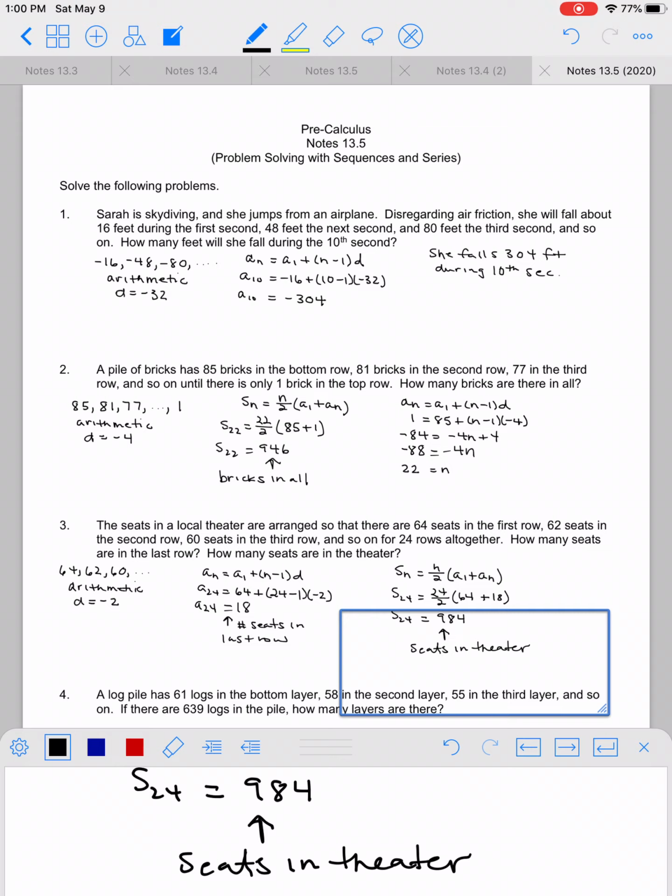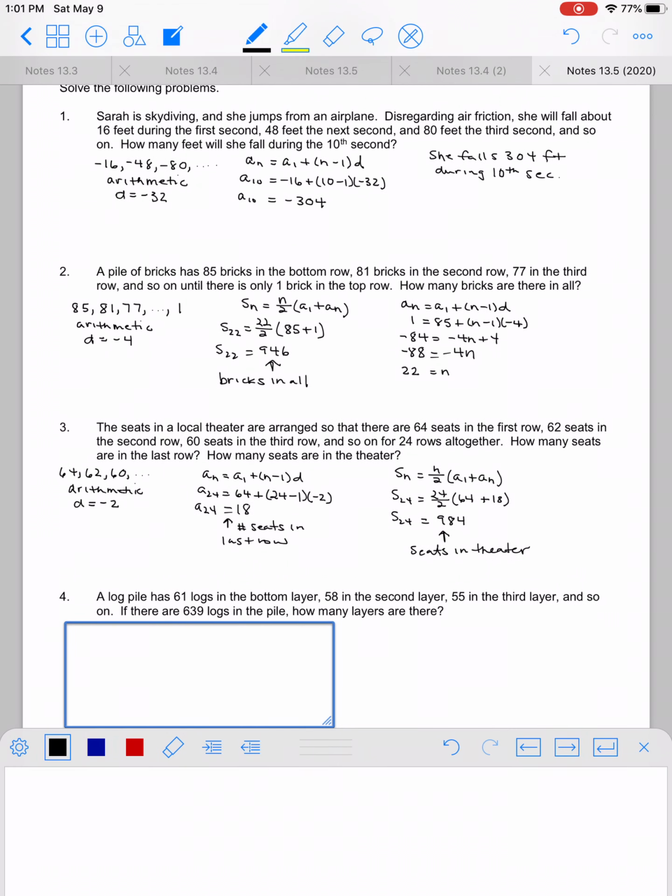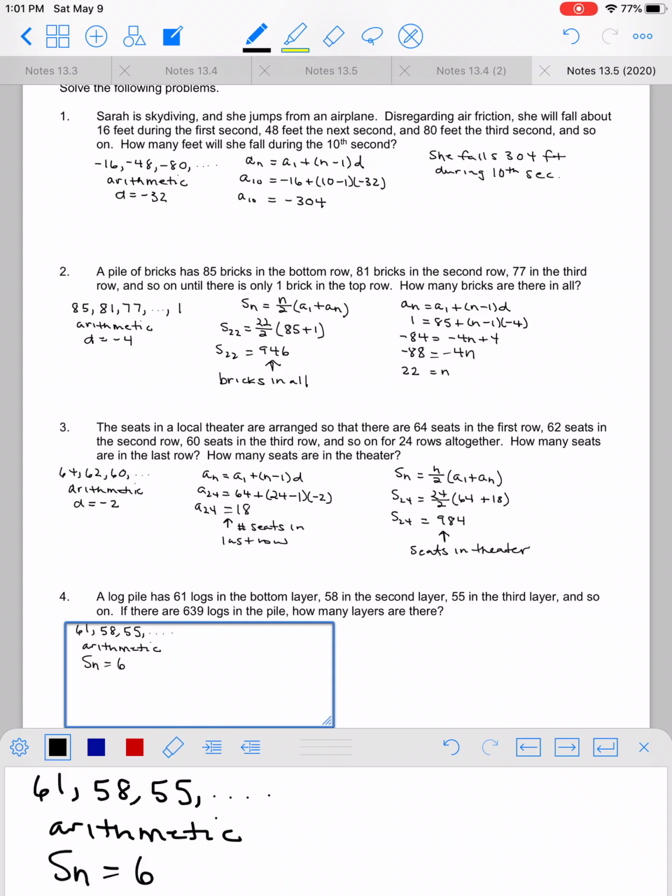Okay, one more, and this one has a little bit different twist. It starts with a sequence, 61, 58, 55, and that pattern continues. This is also arithmetic, and it tells us what we want: how many layers are there. So we're looking for n. They told us that the sum of the layers, there are 639 logs in all.